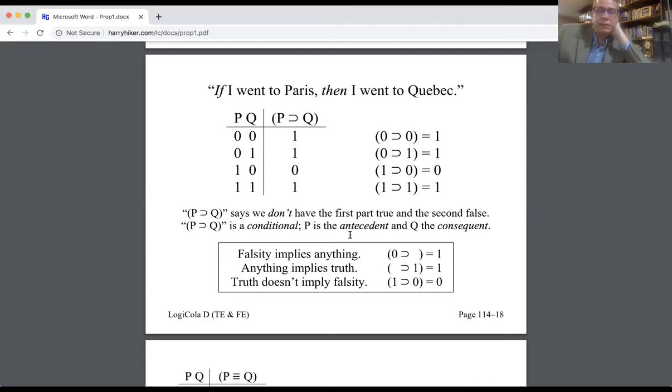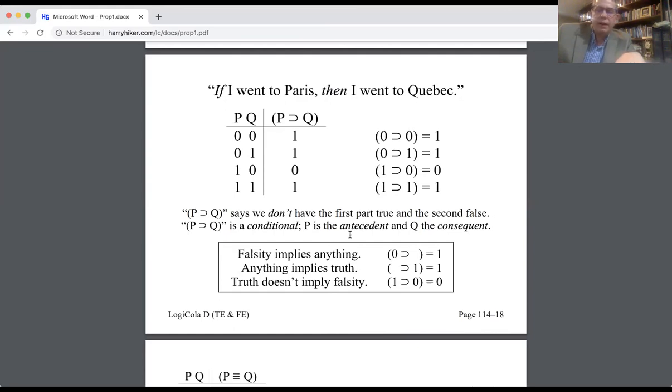So again, what you have to remember is just that the only case in which it comes out false is if the first part is true and the second part is false. Actually, I don't know why he has this blank. What he really ought to have on the slide is the false, to mirror the second line here.